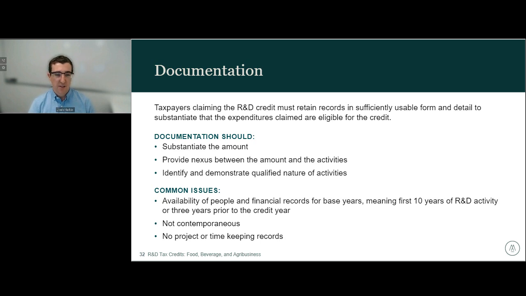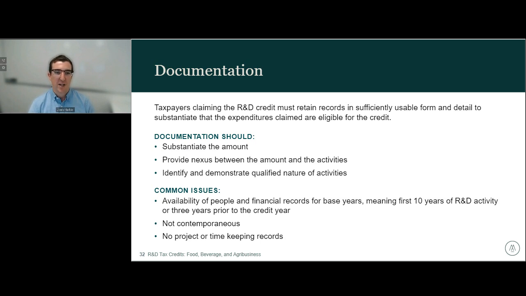So some of the common issues we see with documentation relate primarily to availability of people and records for base years. We didn't go too deep into base calculations, but in some cases you could be looking back all the way to the 1980s, which can be very daunting, and records may not be available. In some cases, you could be looking back just the prior 3 years, in which case it's a little bit easier to find those records.